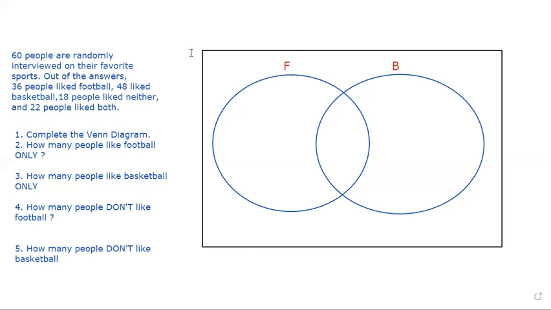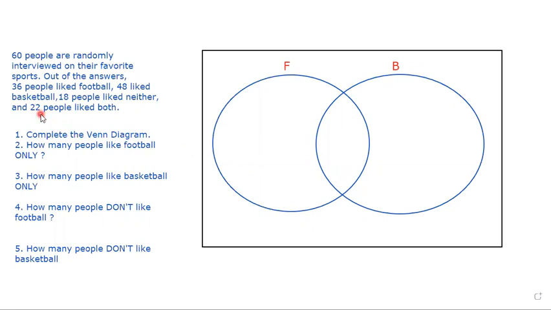So the first thing we would do is look right here and see where this is football for F, and the B is for basketball. We can see where these circles overlap. So in this space here, this would be the number of people that like football and basketball.